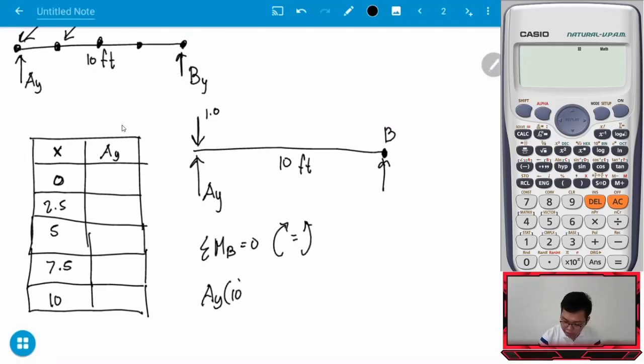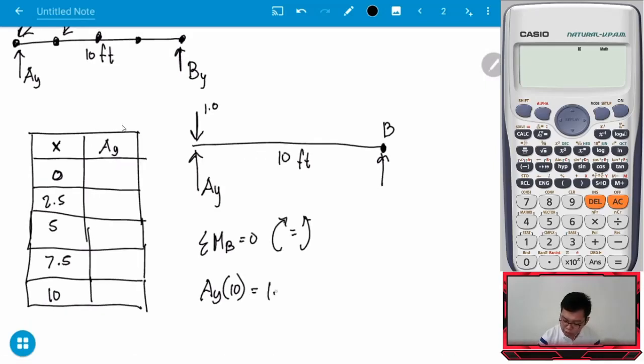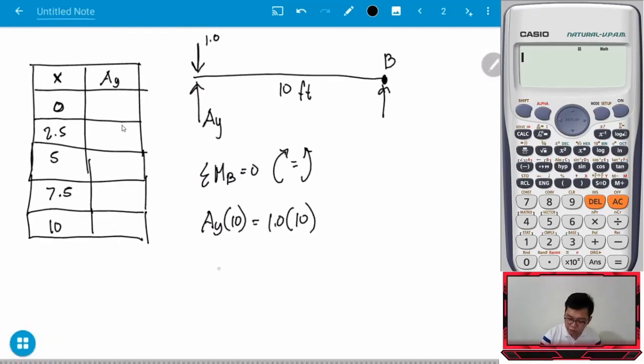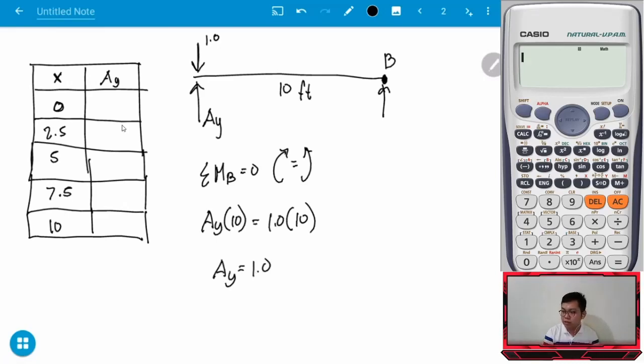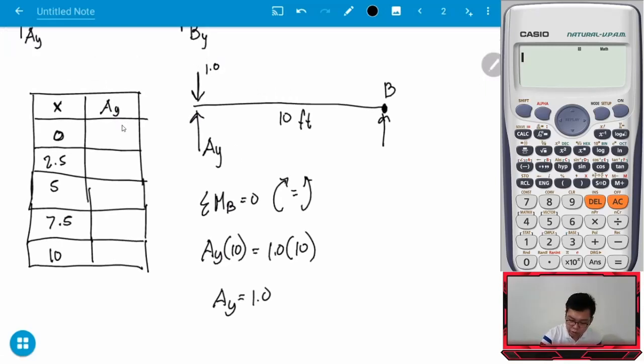So, AY times 10, and I think wala nang ibang clockwise moment. That is actually equal to the counterclockwise moment, which is 1.0 times 10. I hope agree kayo sa solution dyan. So anyway, we can actually solve now AY is actually equal to 1.0. Napakadali, di ba? So anyway, I'll put 1.0 dito.